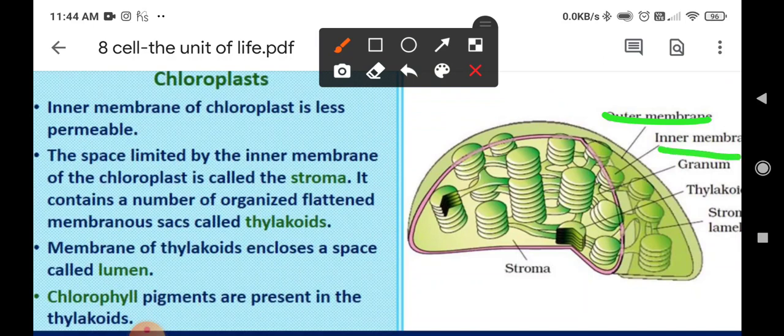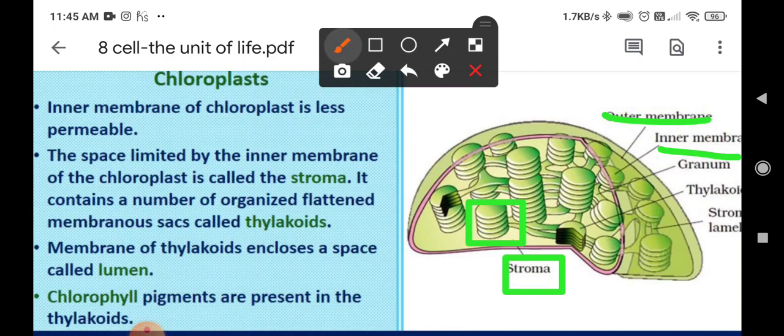Inside the chloroplast they have coin like structures. The chloroplast is filled with a jelly like fluid, but here we don't call it matrix. There is another name for it and it is known as stroma. So chloroplast is filled with stroma and it contains a number of small coin like structures.